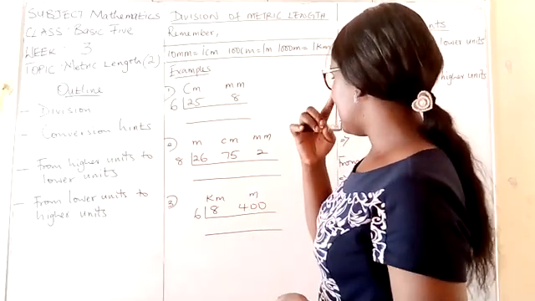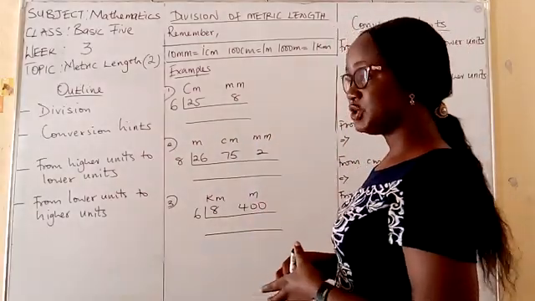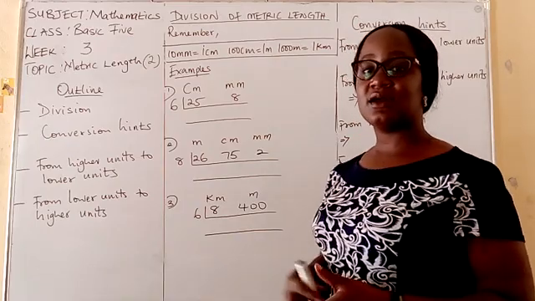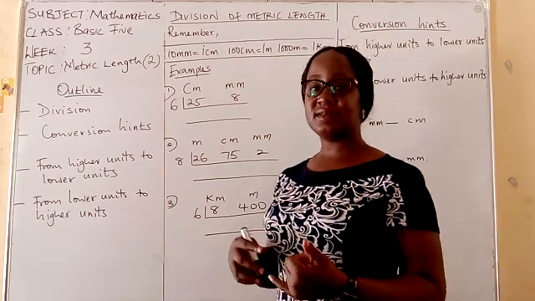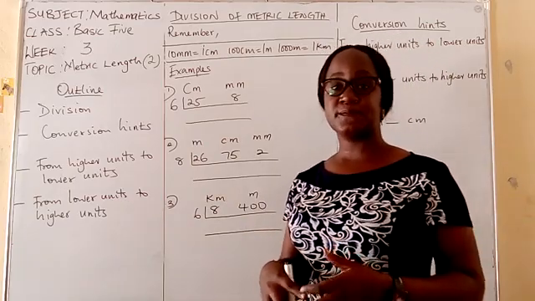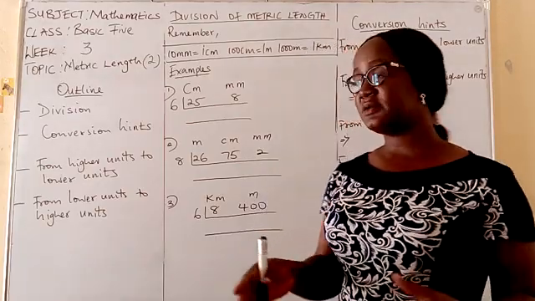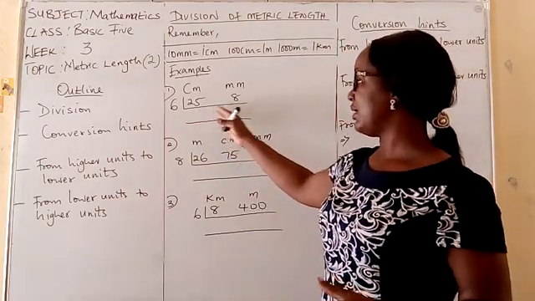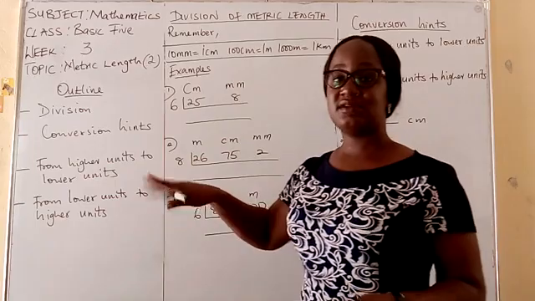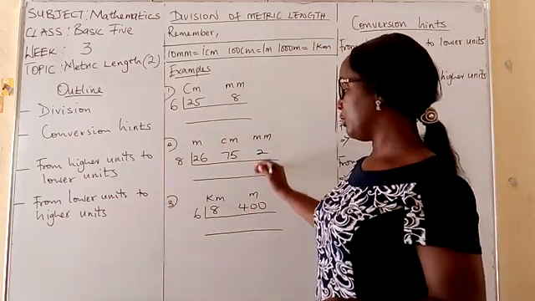In our division, unlike the other three, addition, subtraction, and multiplication, where we were putting down the remainder, in division the reverse is the case. We'll be putting down our whole numbers.